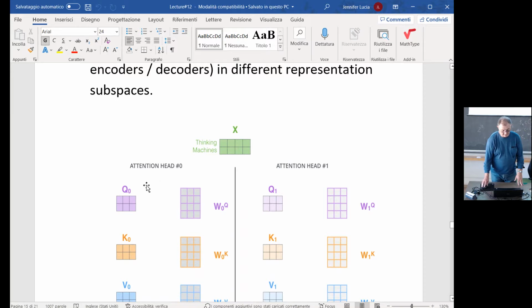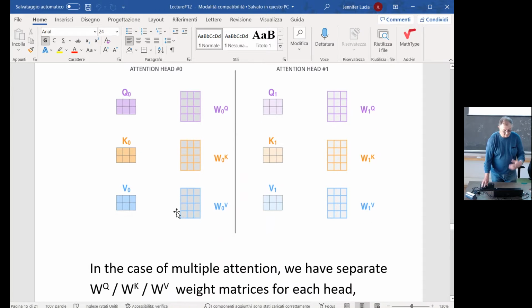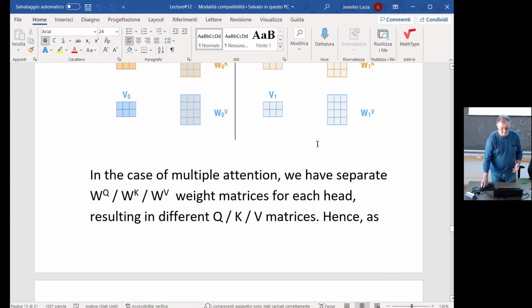For example, attention head number 0, and our normal procedure for this: the matrices query, key, and value with the corresponding weight matrices W0Q, W0K. The same for index 1, the same for index 2, and so on. Beginning from 0, for 8 we should finish at 7.